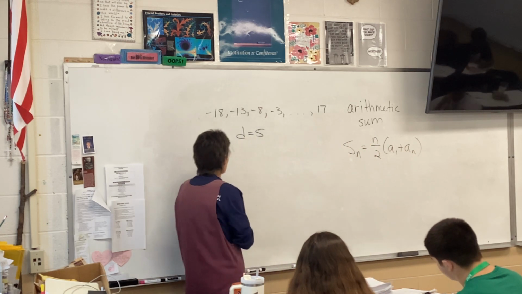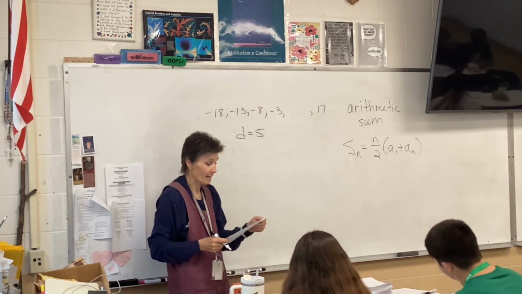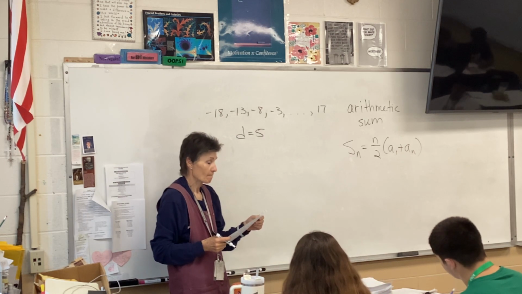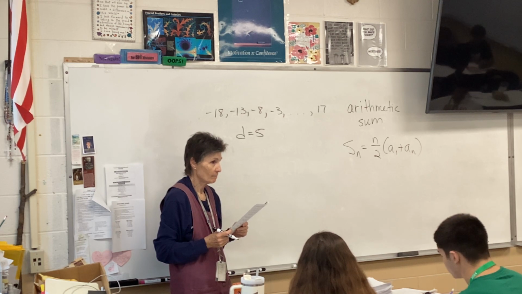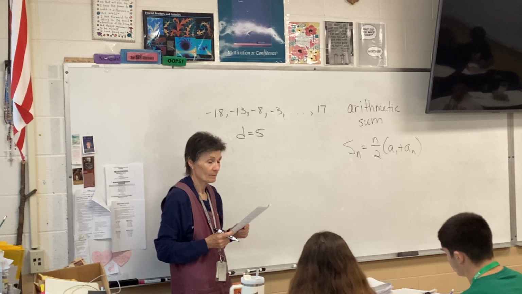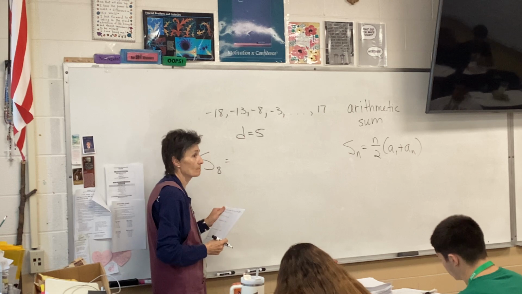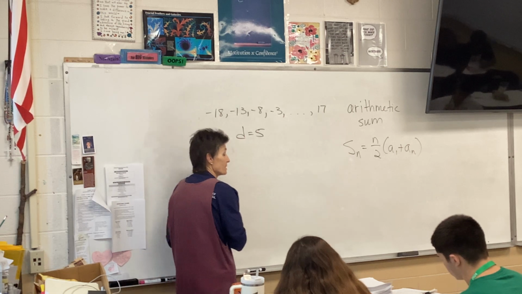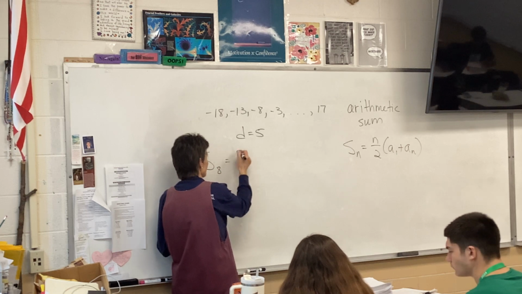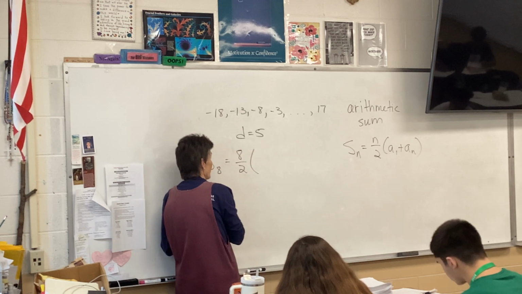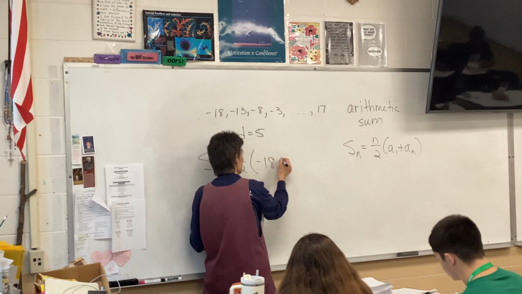So let's see. How many terms am I adding up in problem A? I think 8. Were there 8? Yeah. Okay. So N is 8. I'm adding up 8 terms. So what does my formula say to do? What's my N? 8 over 2. A sub 1 is negative 18.